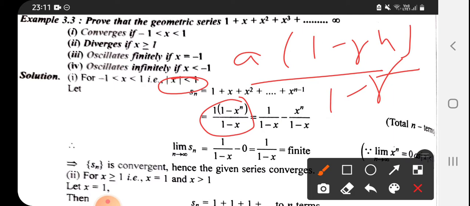Then we get this form by simplifying, and as n tending to infinity we get only this term, because the other term becomes 0 as n tending to infinity.